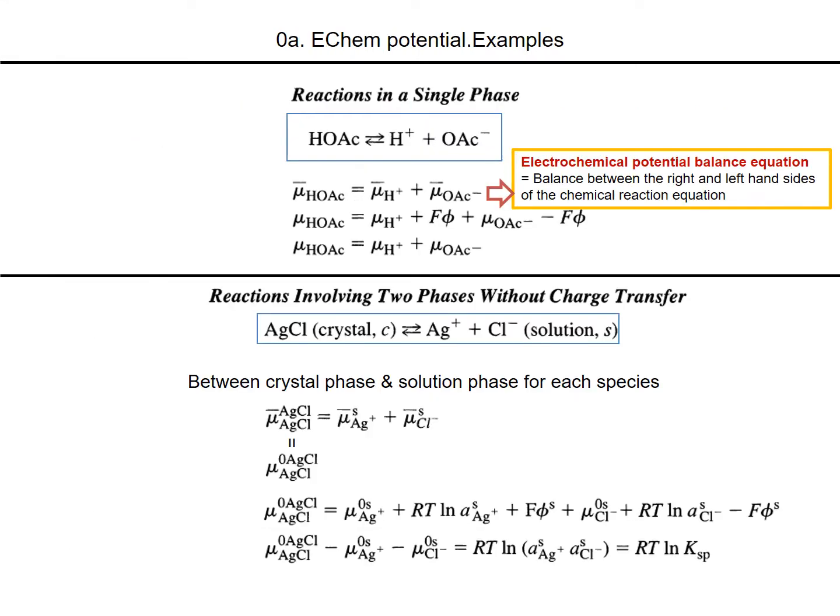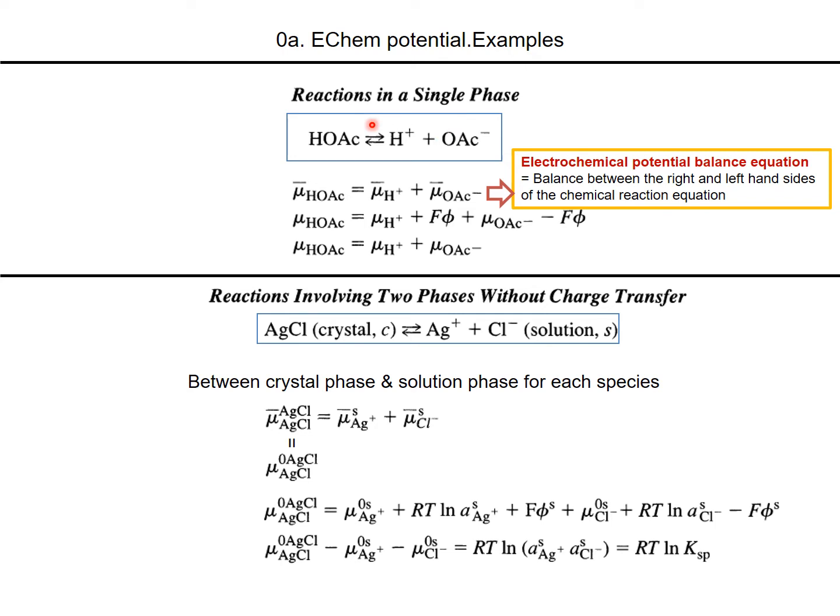Okay, so let me try to use the chemical and electrochemical potential concept for some chemical reactions, some precipitation, and finally electrochemical reactions. Here, all reactions are in a single phase. Acetic acid is dissociated into proton plus acetate anion, or vice versa. This is the weak acid dissociation equation. So let me build up the balance equation.